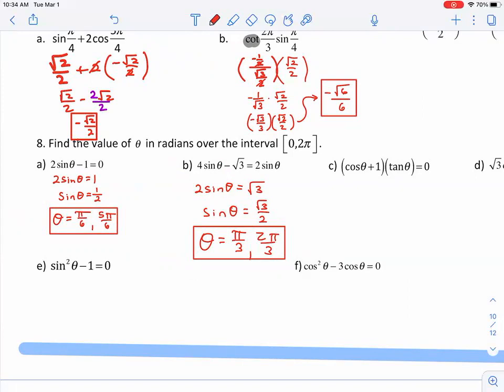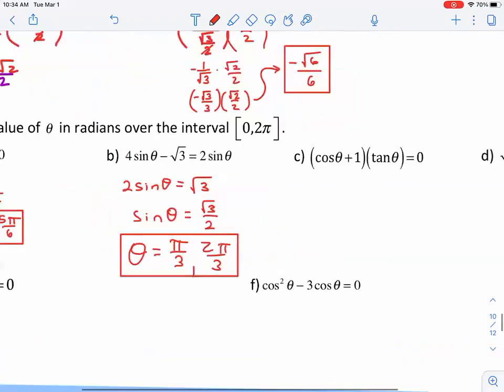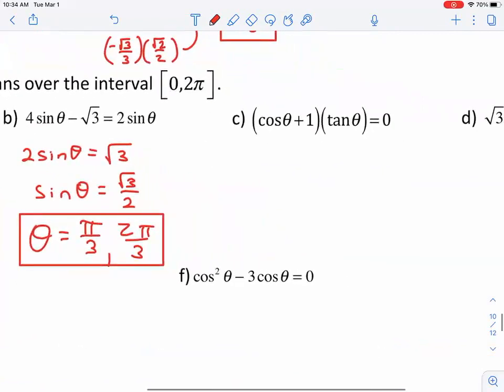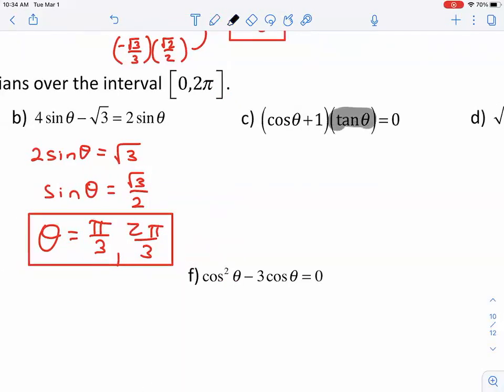All right, part C. This doesn't look like it, but, or maybe it does. It's a zero product property question. Meaning, I set this equal to 0, and I set this equal to 0, and I solve both of those.